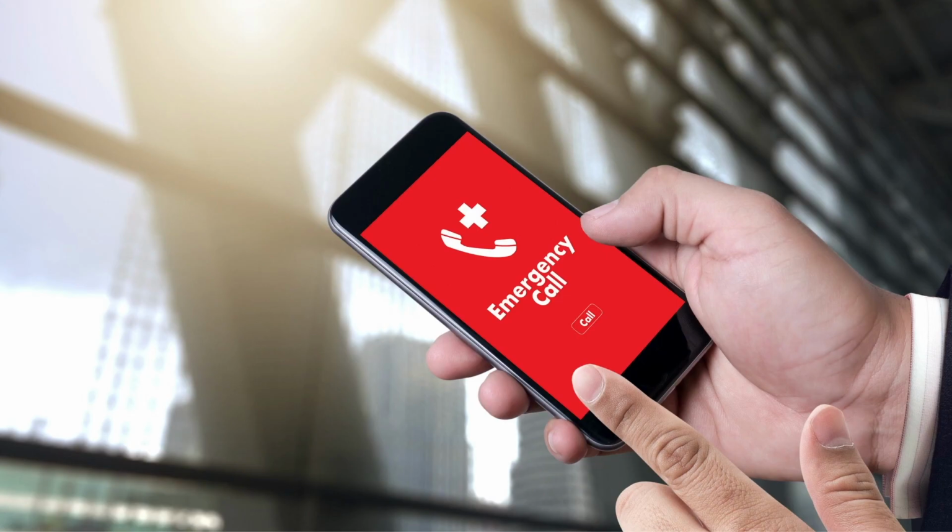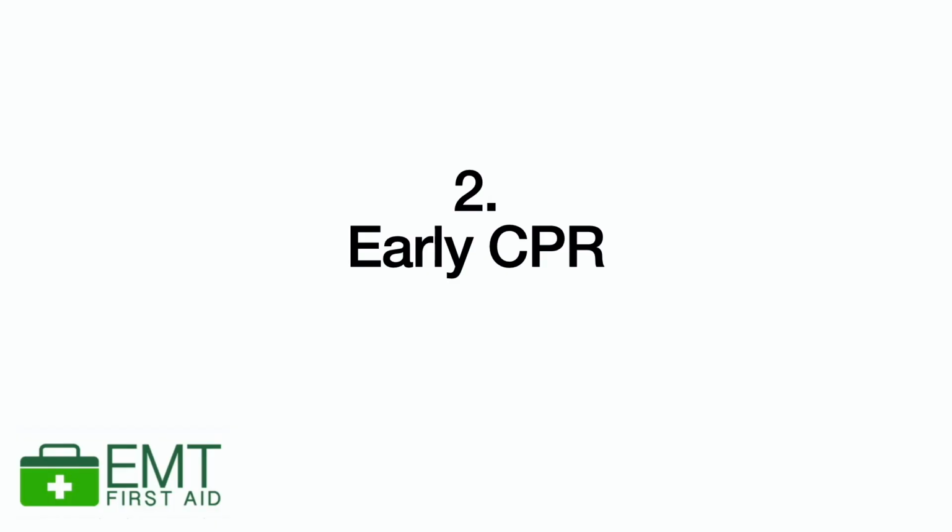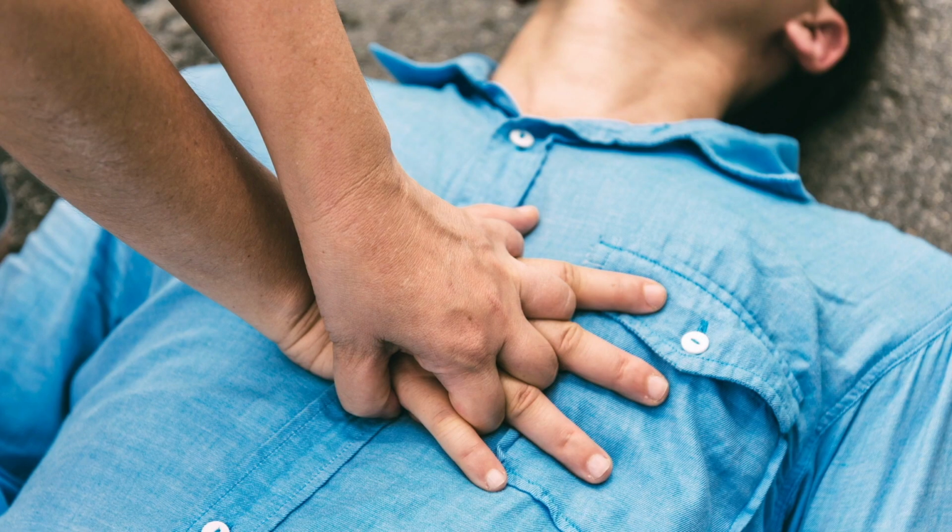So call the emergency services as soon as possible, as soon as you know that person isn't breathing normally. The next link in this chain of survival is beginning CPR, early CPR. Without effective CPR, it is probable that the next links in this chain are not going to work. So early CPR is crucial.